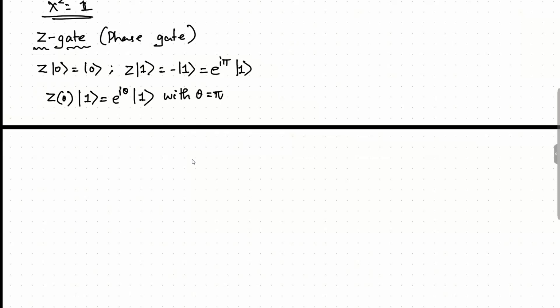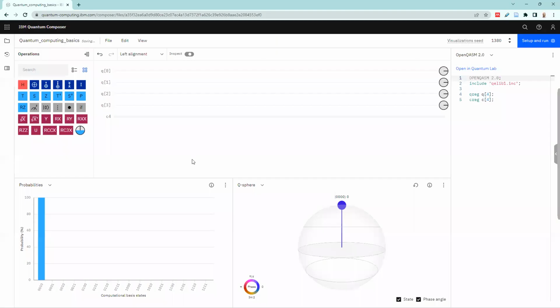The reason I have written it is the following. There are also some other gates which introduce a phase of a few different angles, but only to state 1, right? So we'll get to that a little later, but for the time being, I'll just show you that Z gate does nothing to state 0, but it changes the sign of state 1 to -1.